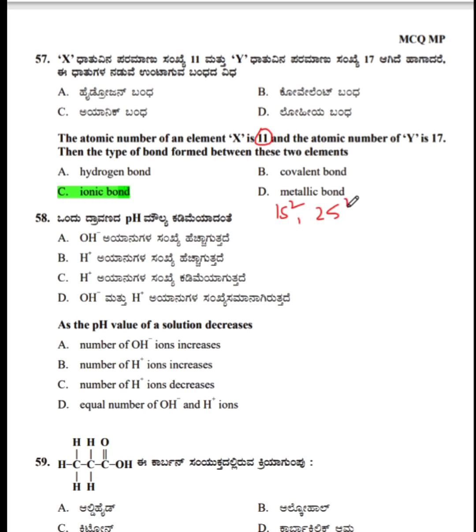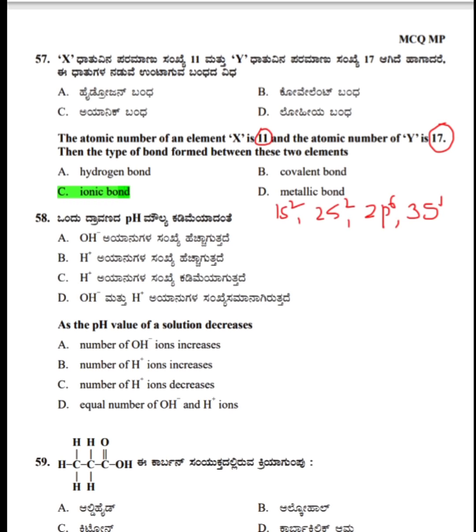Now we will write the electronic configuration for atomic number 11, that is 1s2, 2s2, 2p6 and 3s1. Therefore, the valency is 1 here. That means it can donate one electron to obtain the octet structure.